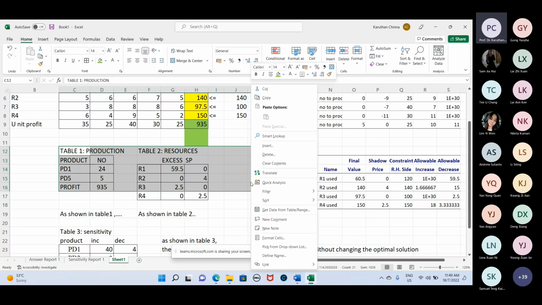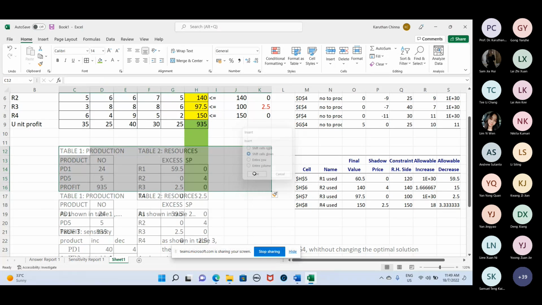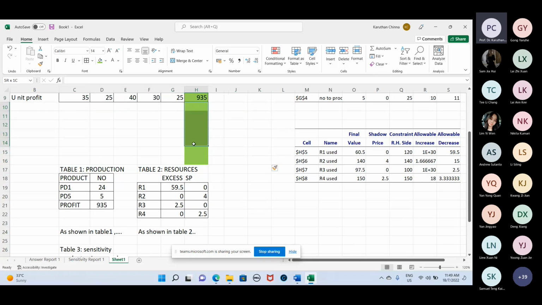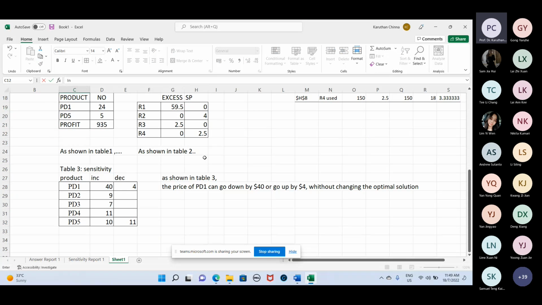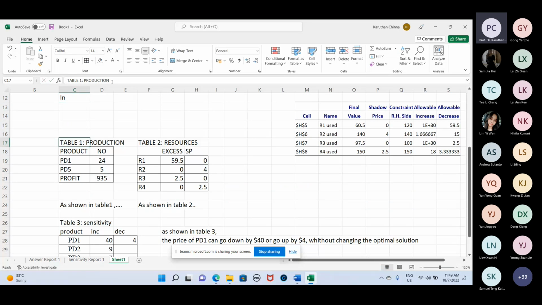Don't assume anything, because this is a report. The manager doesn't have time to read everything. You're telling this is the optimal solution, production, right?